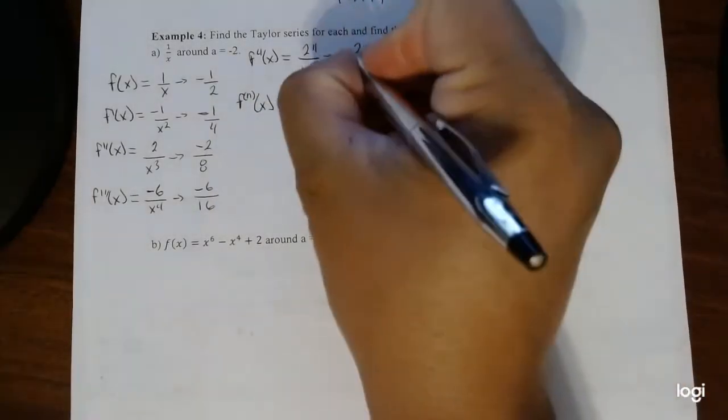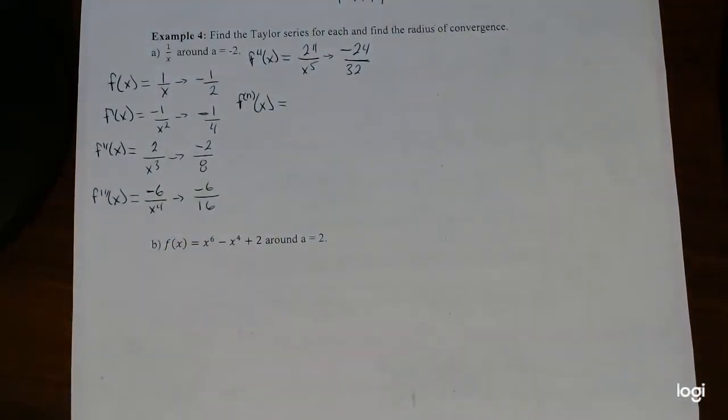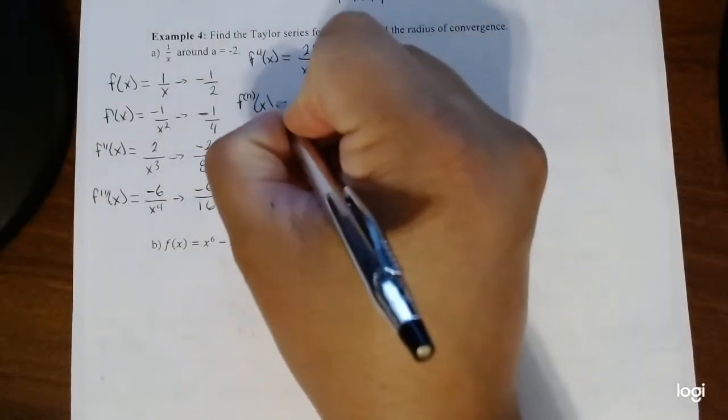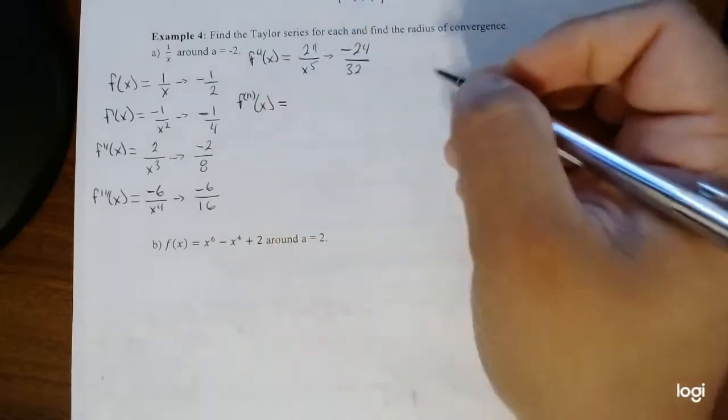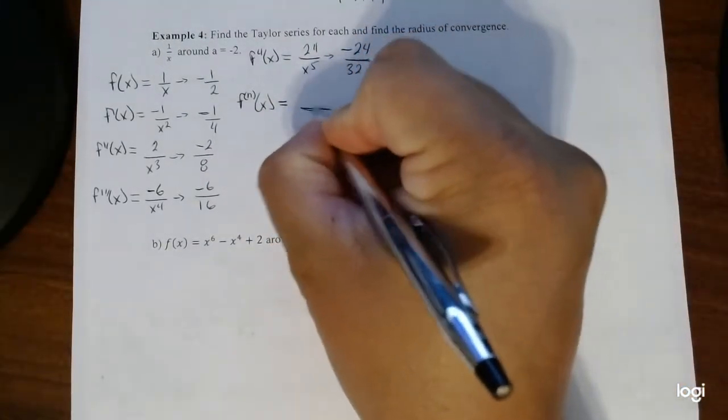So nothing changes there. So all negative values. Therefore we're going to have a negative in our process. We have some fraction.